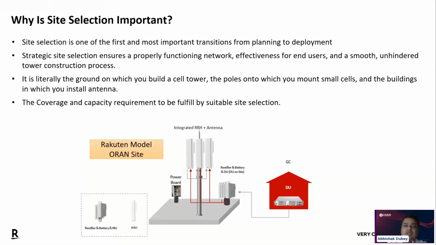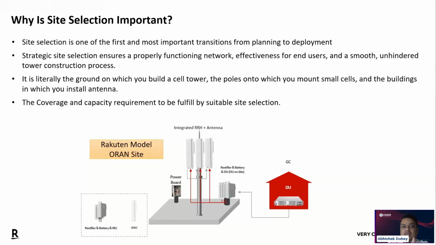We have to ensure that we are choosing the base site, and the site should be in a strategic location that ensures a properly functioning network and effectiveness for the end user. So all the process, whether it's a construction process or building the cell tower, a big tower or a small tower, is required there.